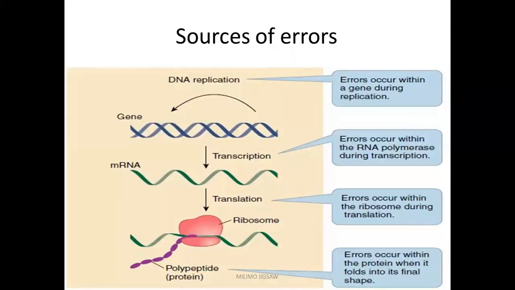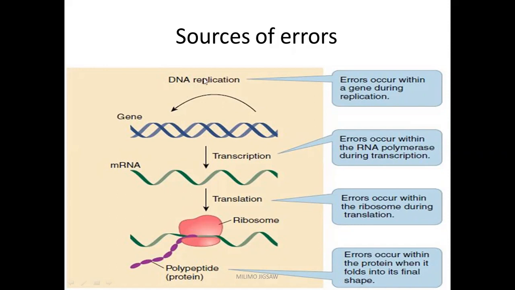It has replication, DNA replicating, and that DNA is transcribed into messenger RNA, and then the messenger RNA is translated to form a protein. So on either of these processes, you're going to find that errors can arise, and hence these errors can lead to mutational changes in the gene.